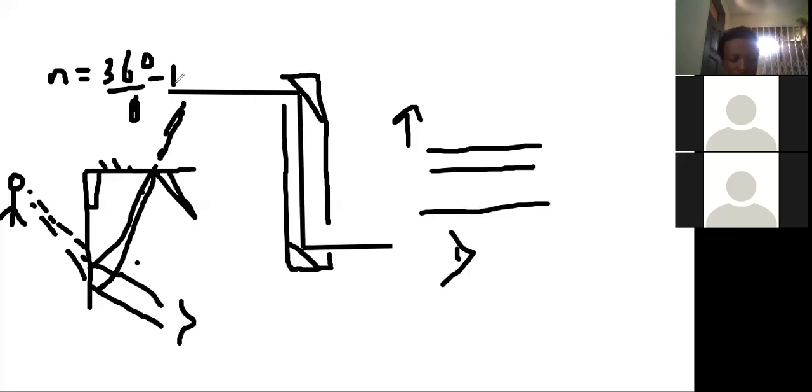So if the question says find the number of images in two plane mirrors inclined at 30 degrees, you just put in the angle here: 360 divided by 30 minus 1 is equal to n. That should give you the number of images that can be formed when the mirrors are not at 90 degrees, but are inclined at an angle of 30 degrees. I hope I've made myself clear.